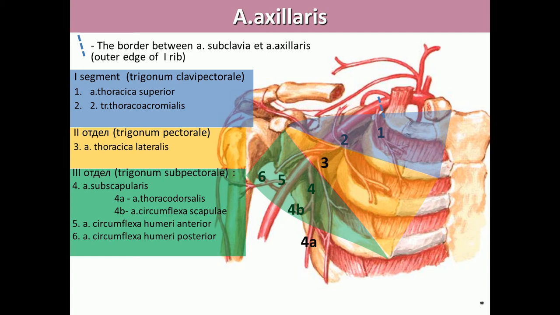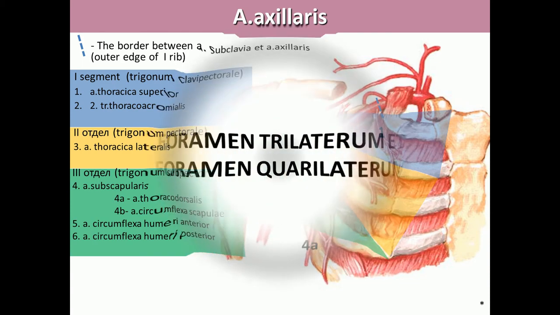So 3 segments and 6 vessels. These are the main branches of arteria axillaris.